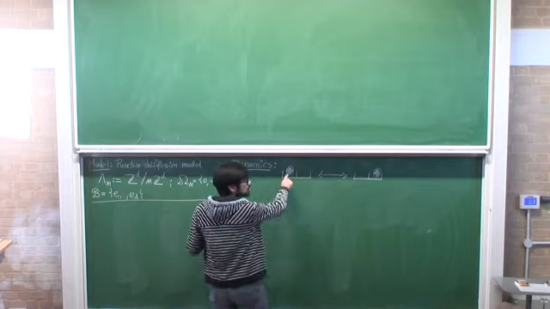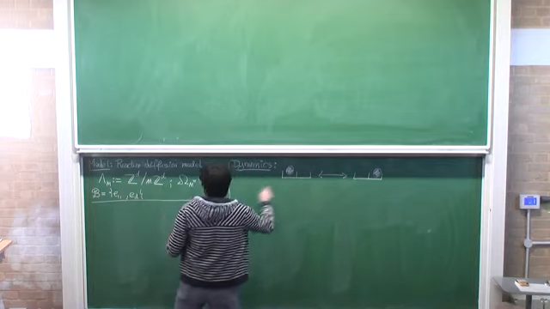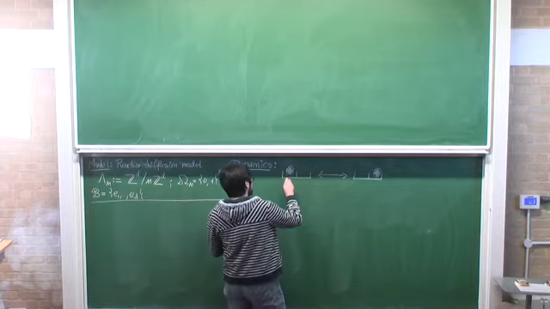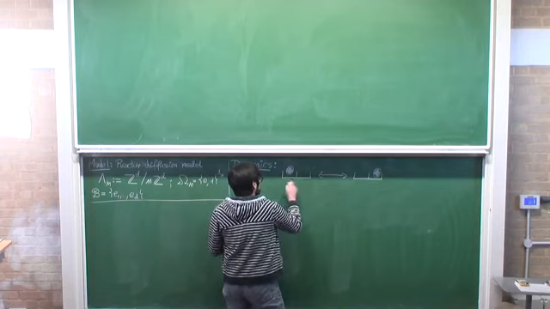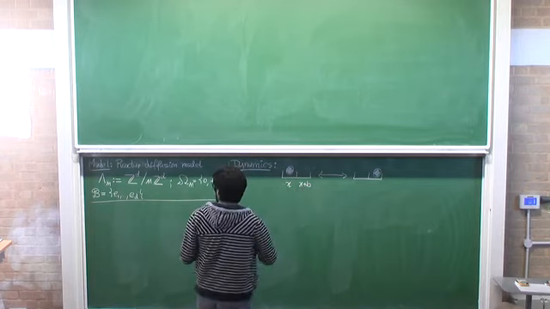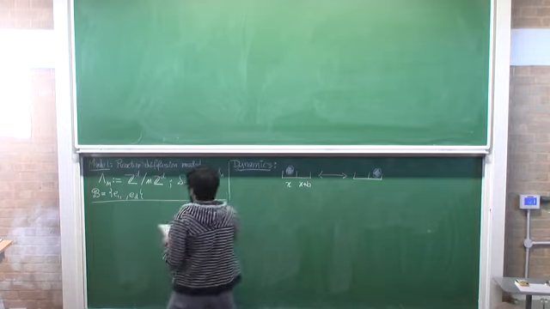So these guys here are the particles. Particles means ones on this configuration space. I'm going to call this site x, this one x plus b, where b is an element of this set.